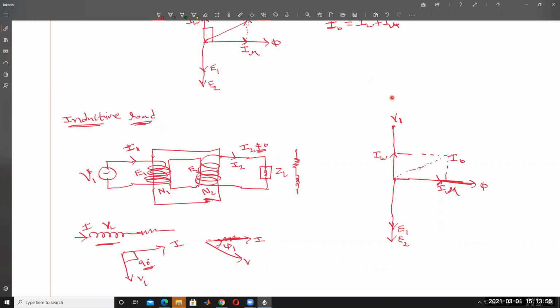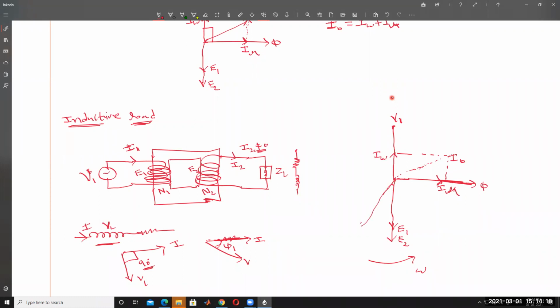For a lagging power factor load, inductive loads, the voltage leads the current. The direction of this vector is like this manner. In that case, voltage leads the current by some angle.